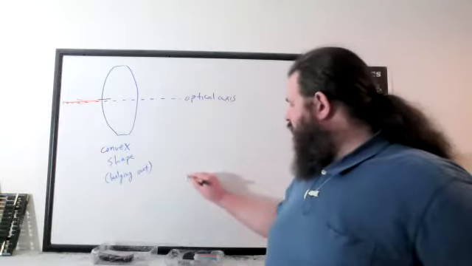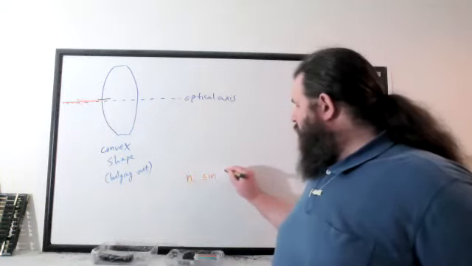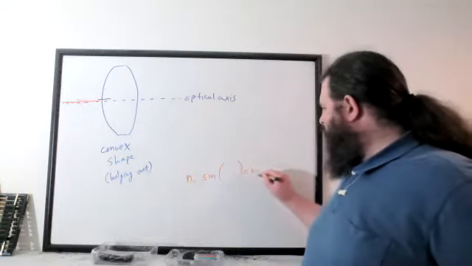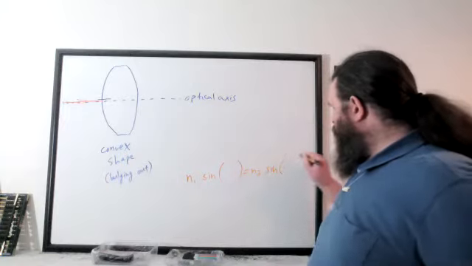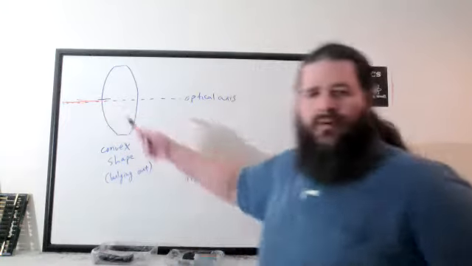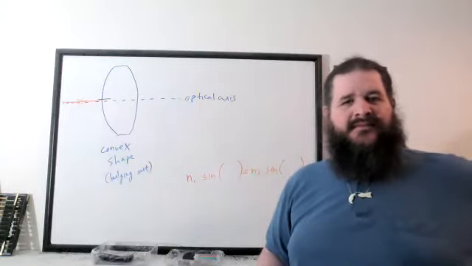If we go back to Snell's law, if this is coming in along the normal line, what's the angle it makes?